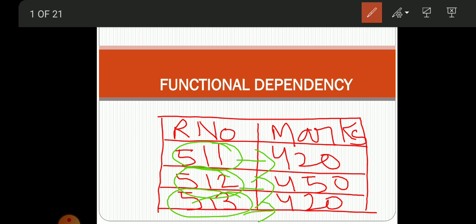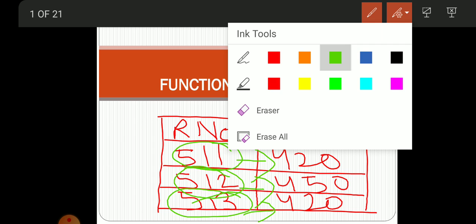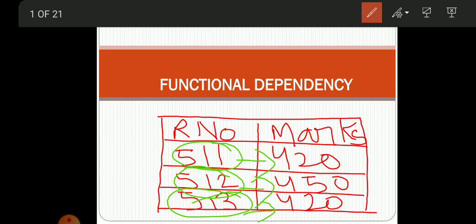There is a symbol which is used to define functional dependency, and that symbol is this arrow. With this arrow we can understand the functional dependency. If we write roll number pointing to marks, it means we are talking about functional dependency, right?